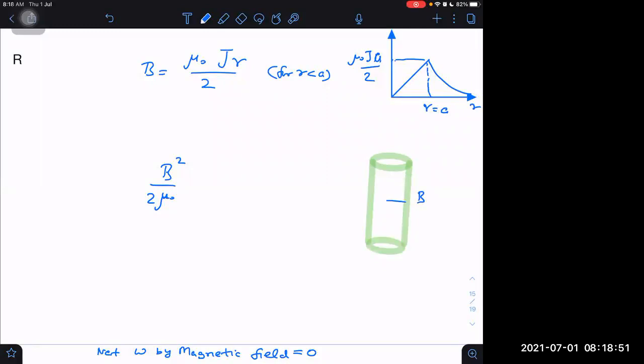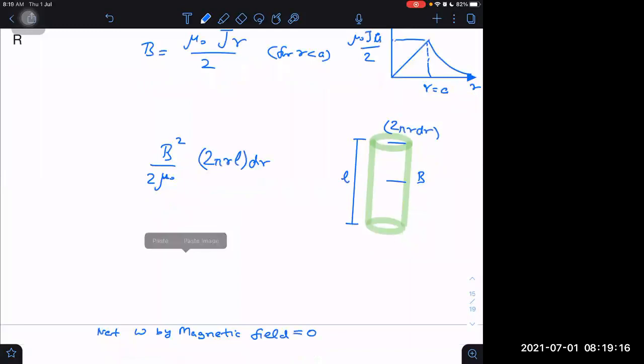What will be the volume? The volume will be 2 pi r L into dr. This is the energy inside.